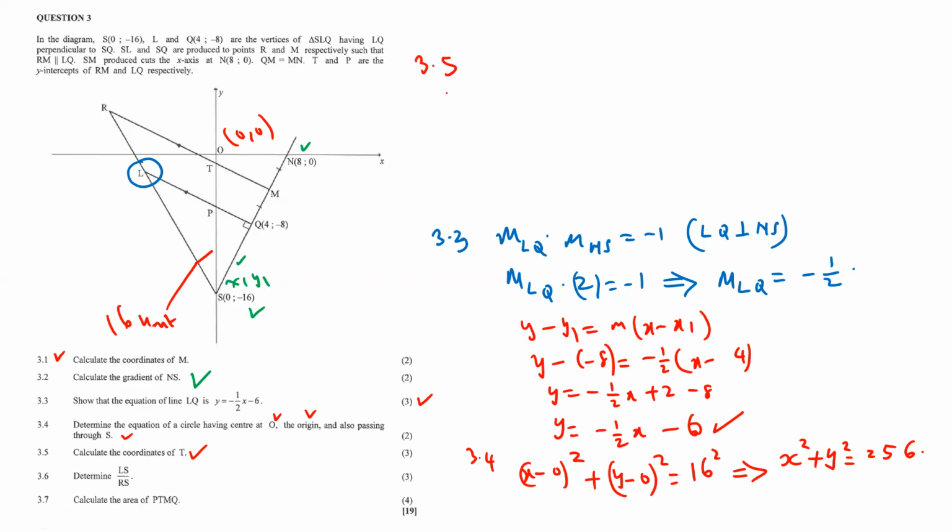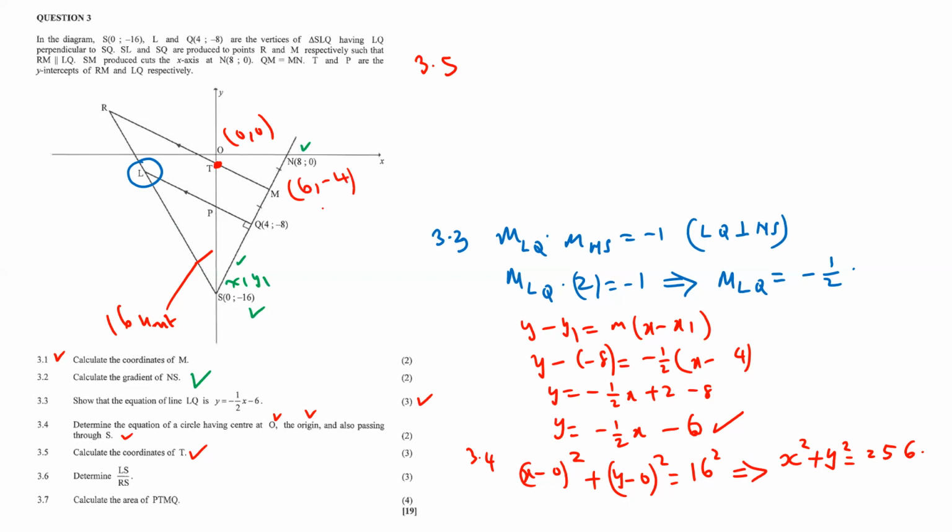I've read the coordinates of t. Okay, t is this one. T is exactly the y-intercept of RM. But we know the coordinates of M. We got them before, and we found the coordinates of M to be 6 and minus 4.